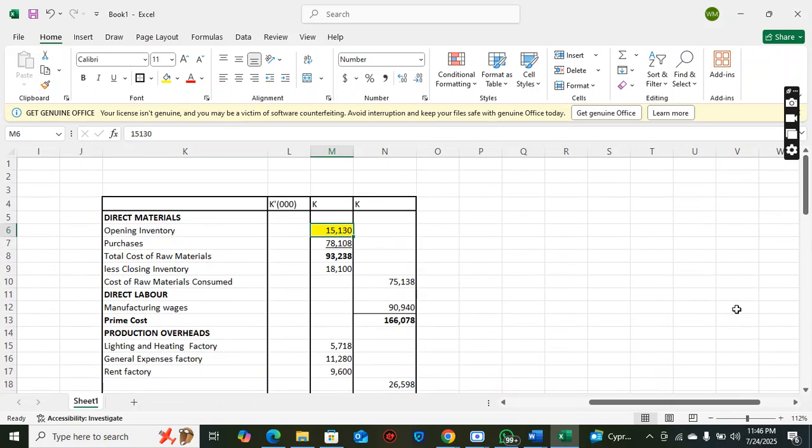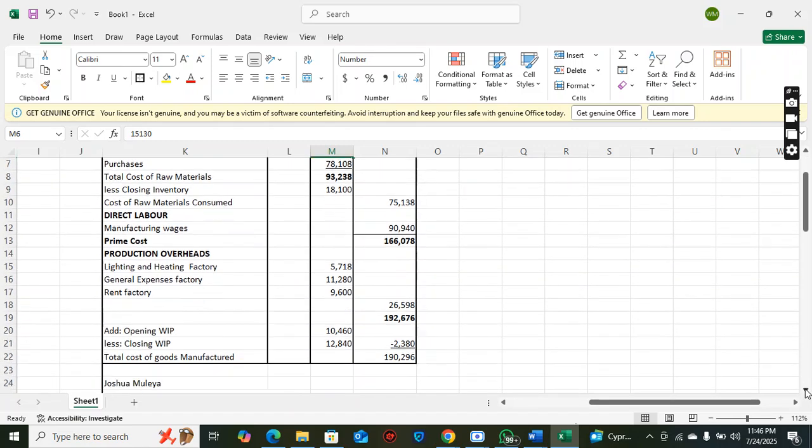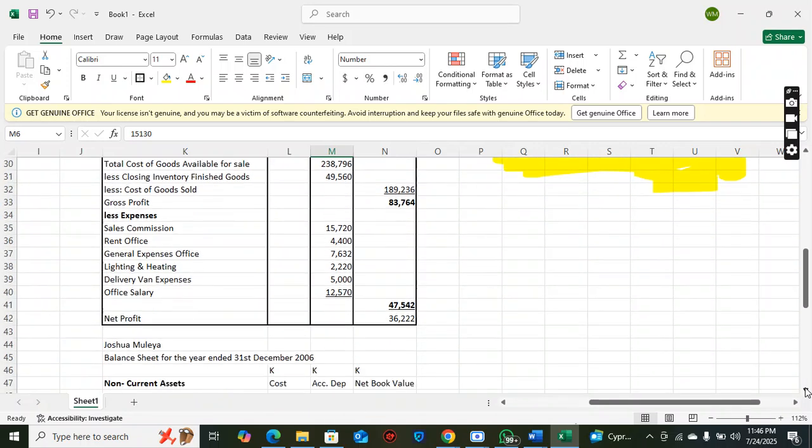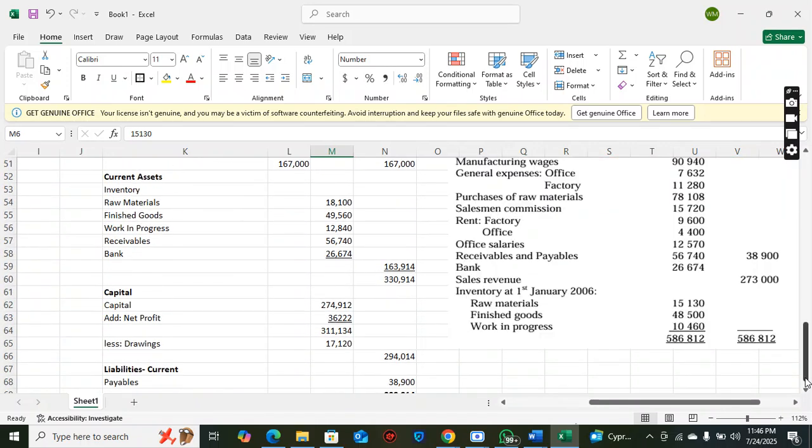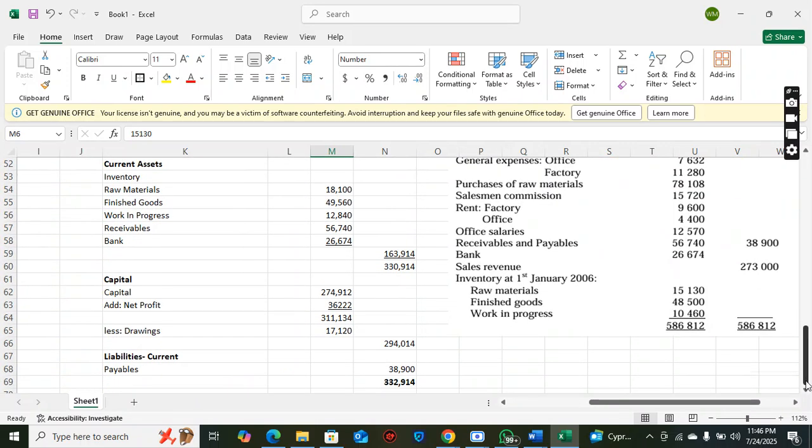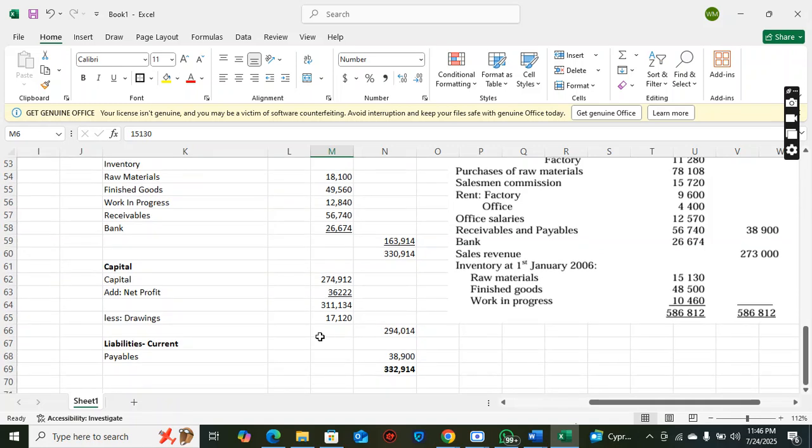In the question, I think it should have been 17,130, but on the trial balance it is 15,130. So that's where this discrepancy is coming from. There should have been a typing error in this question. But basically, that's how you do this balance sheet. Any question?